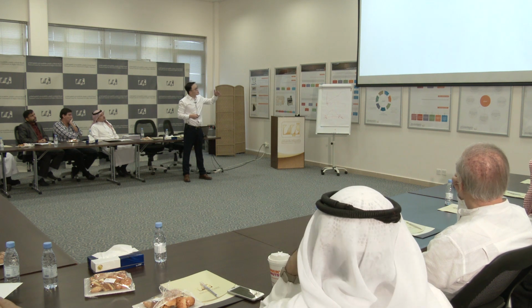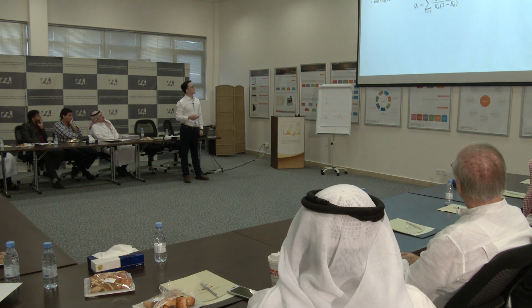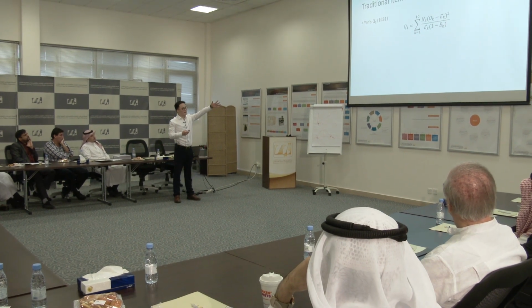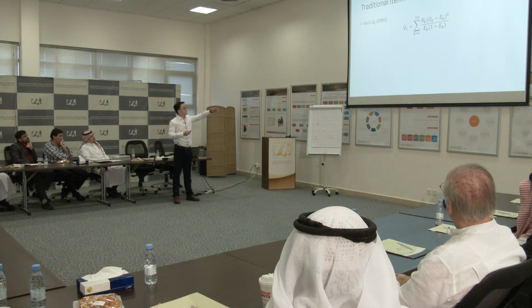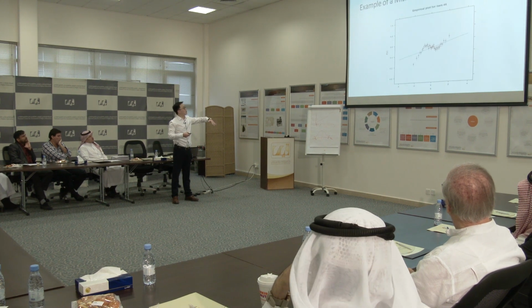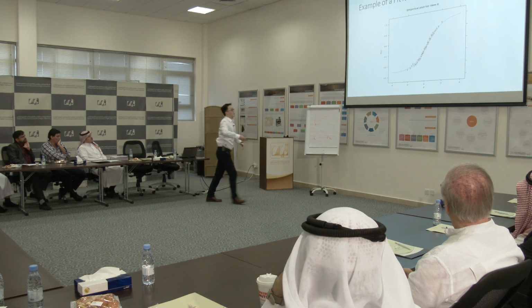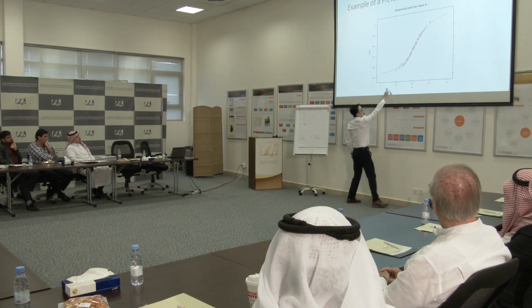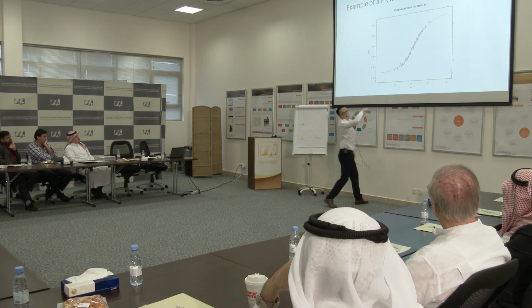Okay, so let's talk about some traditional item fit statistics, some procedures. The first one is proposed by Yen, it's Q1. The idea is that you divide this ability continuum into 10 intervals.